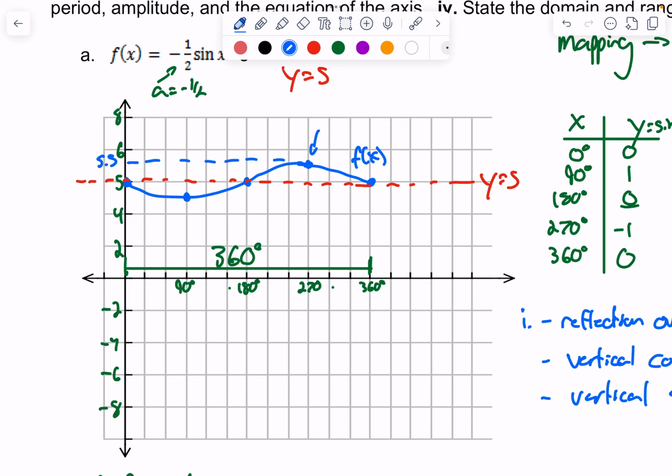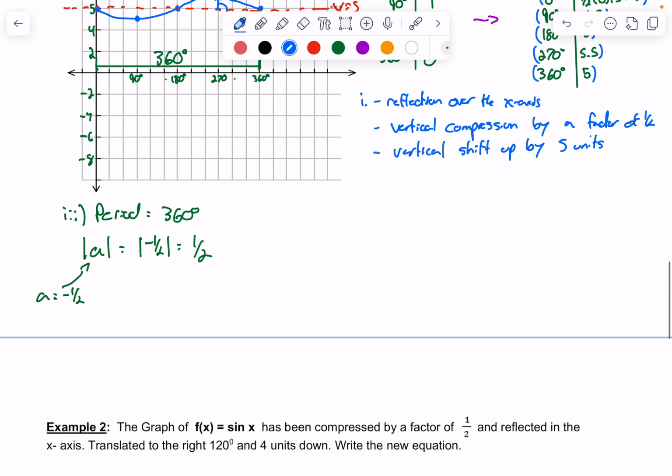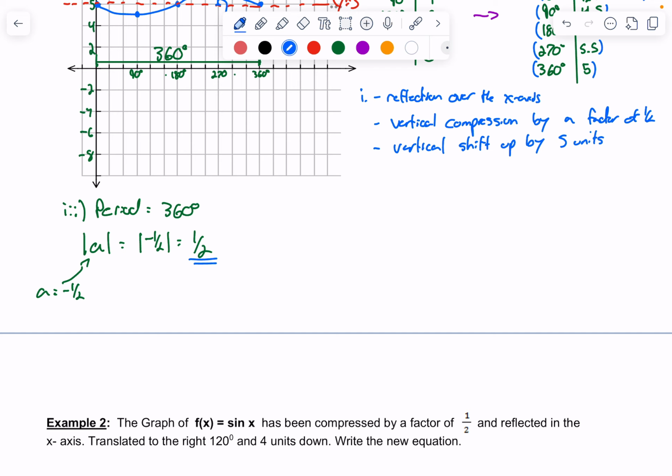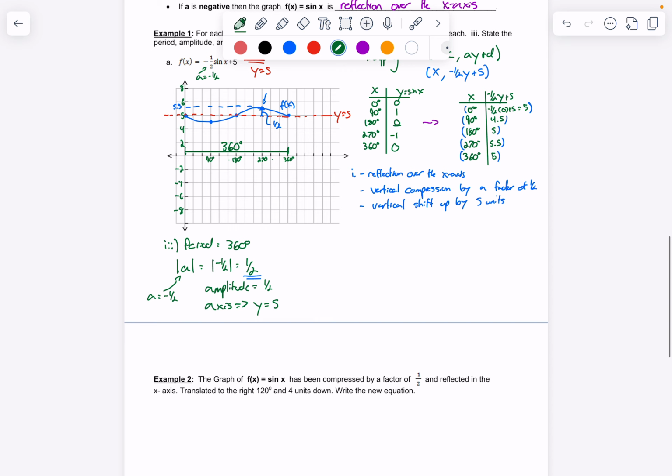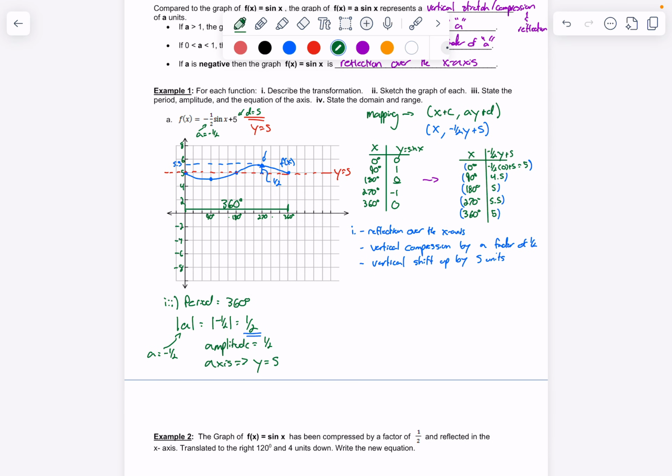So you are a distance of a half off your center line. That's because your amplitude is a half. So your amplitude equals 1/2. And your axis, as we just showed, is the D value, so it's y equals 5.